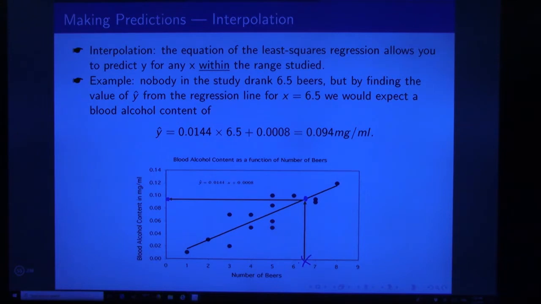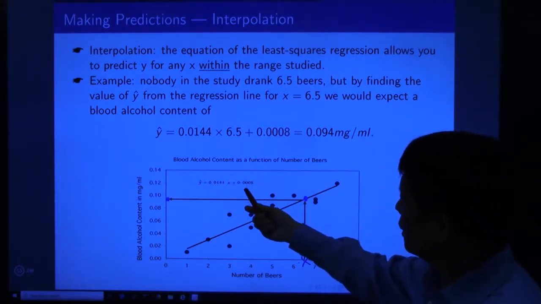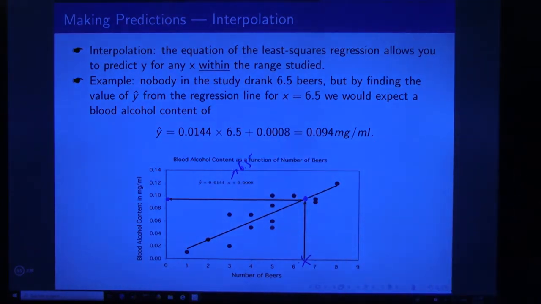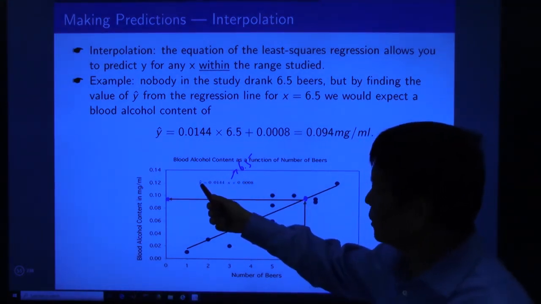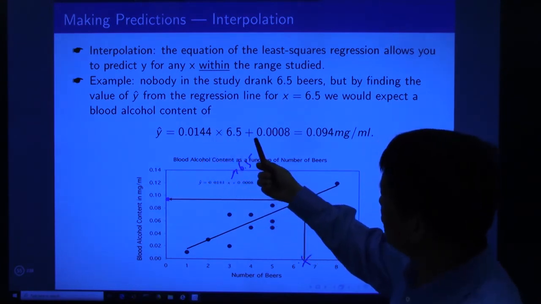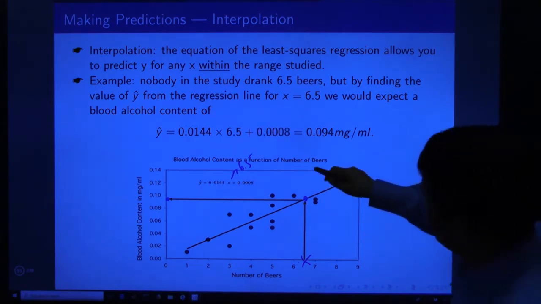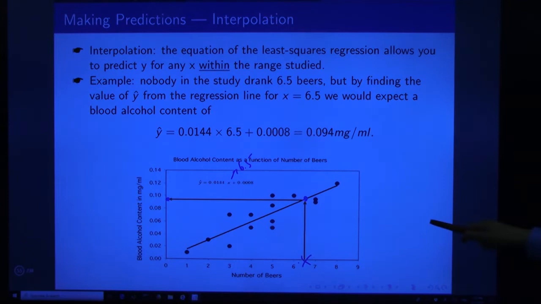Because we have this line, y hat equals this x plus this, we just make x equals 6.5. We plug x equals 6.5 in, and then we have this predicted value. So 0.0144 times 6.5, plus 0.0008, and this value is calculated as 0.094 milligram per milliliter.